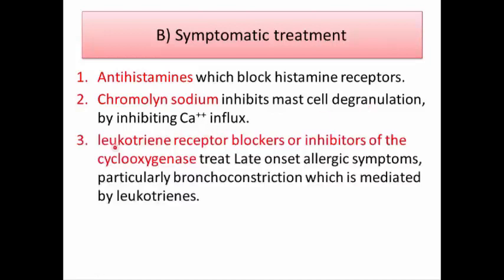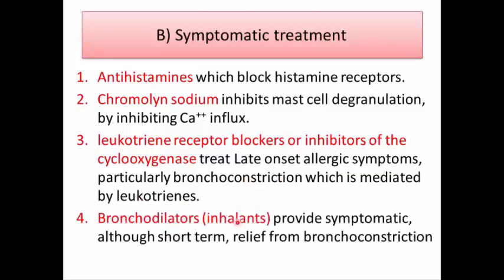We can also use leukotriene receptor blockers or inhibitors of cyclooxygenase, an enzyme required for the production of leukotrienes. This will help in treating late-onset allergic symptoms like bronchoconstriction, which is mediated by leukotrienes.